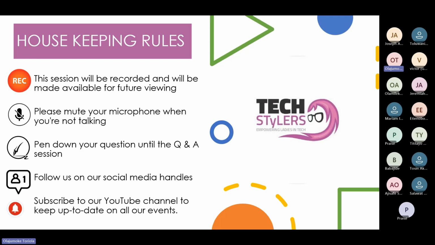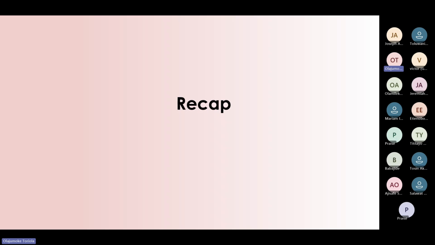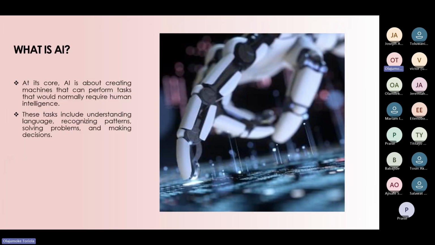I don't want to start this session and just go in straight. I just want to have a quick recap of what we discussed last week. Part of what we discussed is what is artificial intelligence, which we explained is the ability for a machine to perform tasks that normally require human intelligence, such as perception, reasoning, learning, decision making, and problem solving.